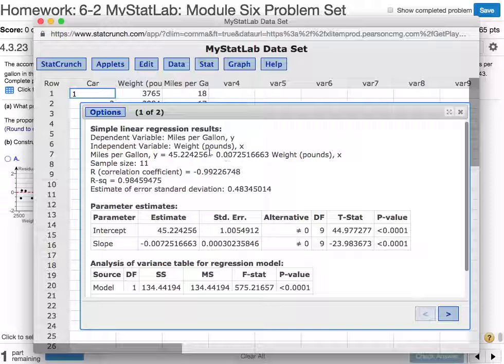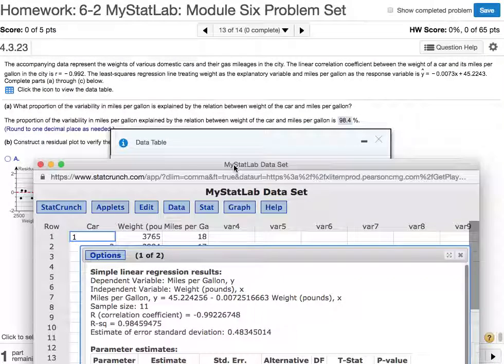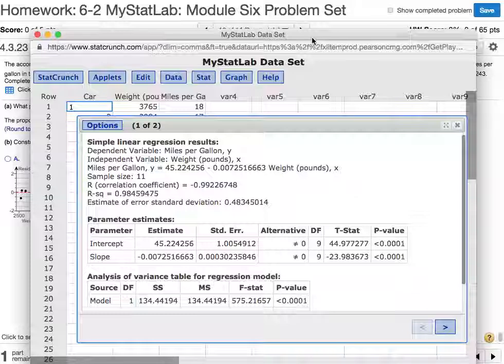This is the equation. We want to make sure ours matches up with what they had. So, yeah, negative 0.00773, where they rounded to that decimal place, and 45.243 when rounding. Okay, so that looks on track.